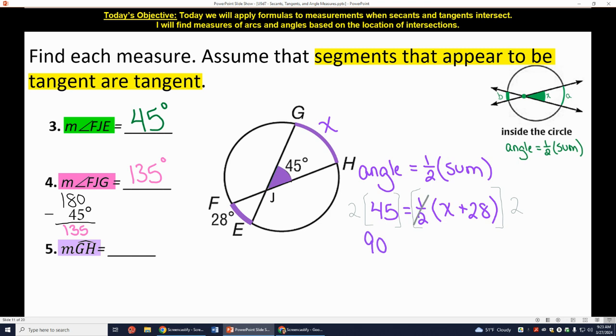That's going to equal, on the right-hand side, my 1/2 and my 2 will cancel out, and I'll just have x plus 28. If 90 equals x plus 28, I can use the subtraction property of equality to find the value of x. The value of x is 62. So the measure of arc GH is 62 degrees.